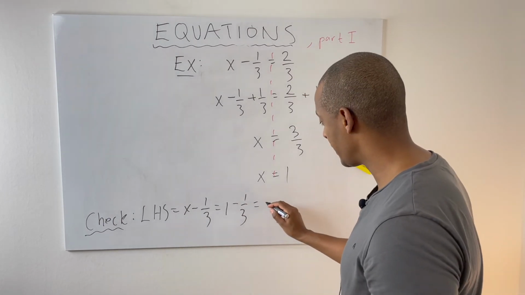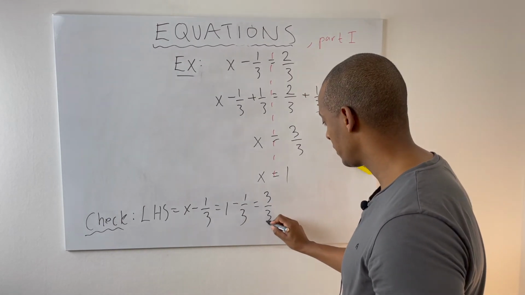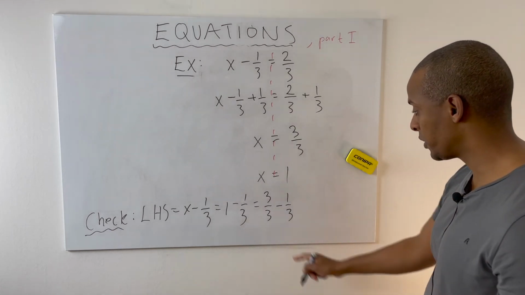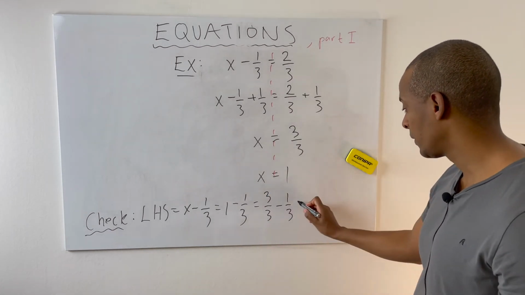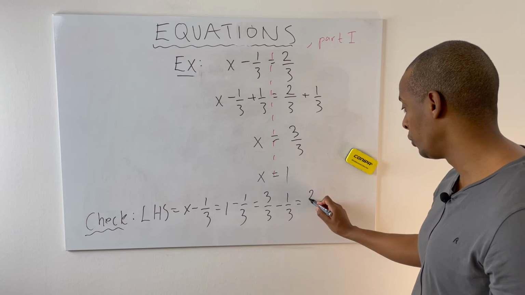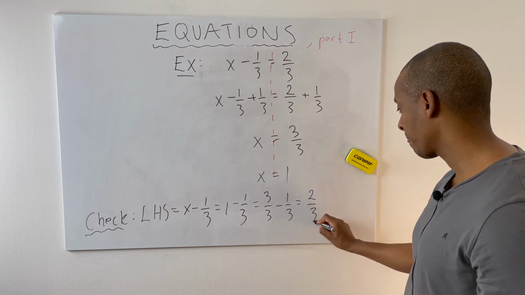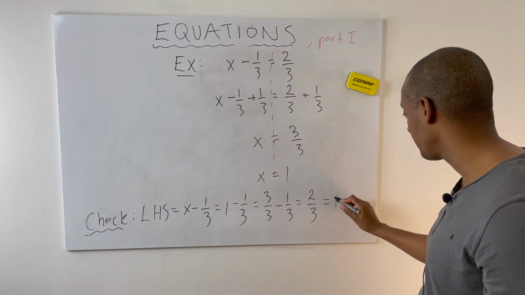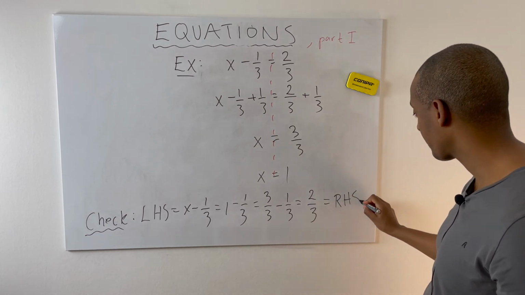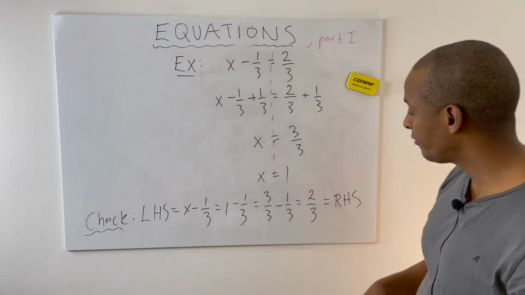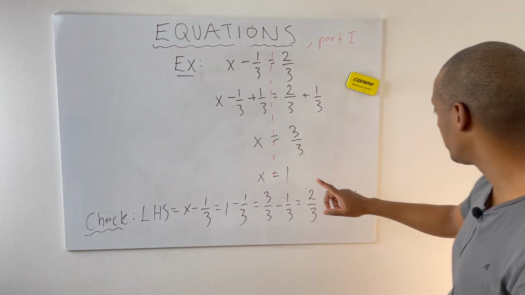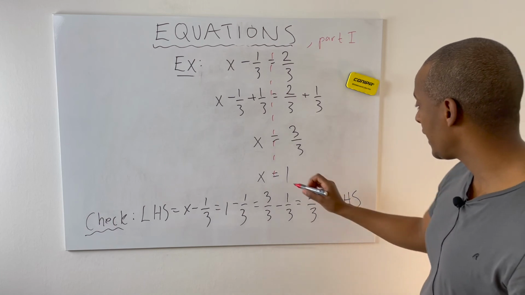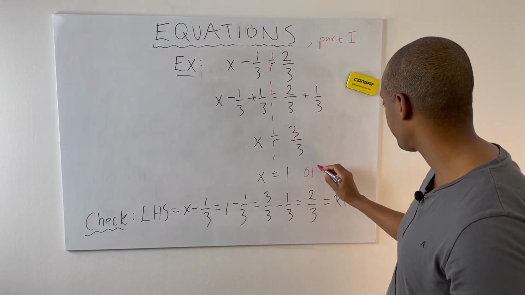That could be written as 3/3 minus 1/3, right? 1 is equal to 3/3, so this is equal to 2/3. But that is equal to the right-hand side of the equation. So the left-hand side of the equation is equal to the right-hand side of the equation. So our solution, x equal to 1, is okay.